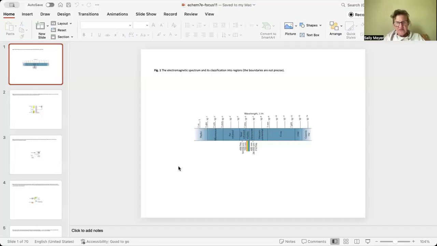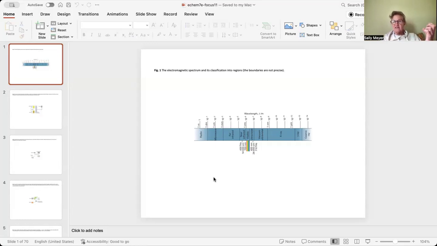So let's take a quick look at figure 1. Okay, so figure 1 is just the electromagnetic spectrum. And so you want to think the electromagnetic spectrum shows you the range of energies that light can have. And so depending on what the energy of the photon is, it's going to interact with different kinds of motion.